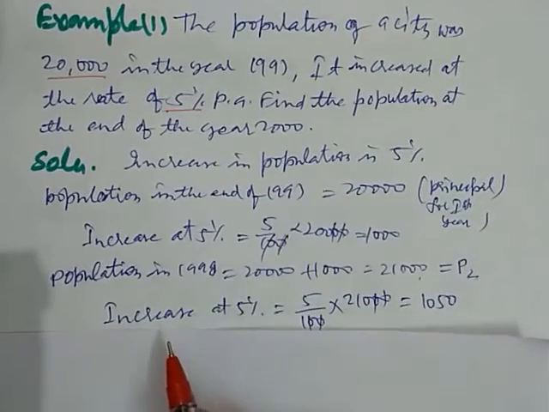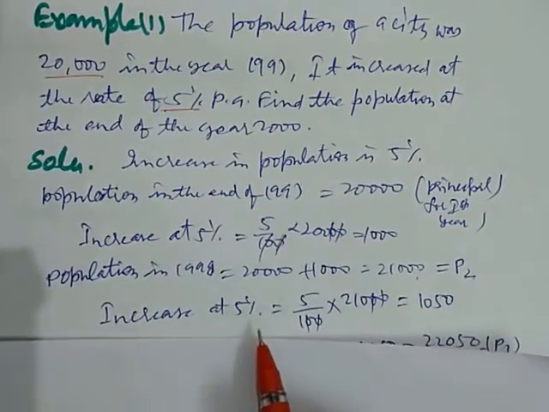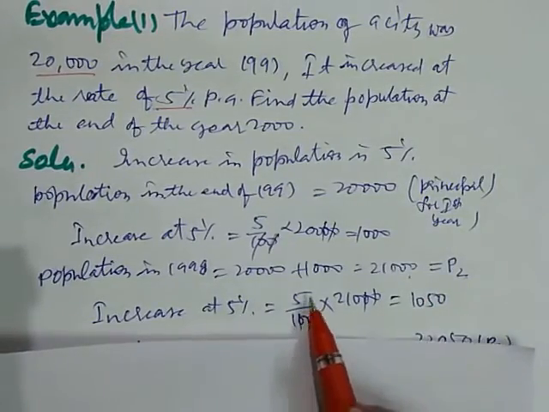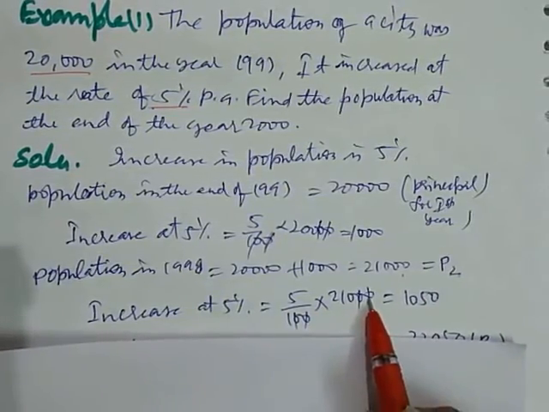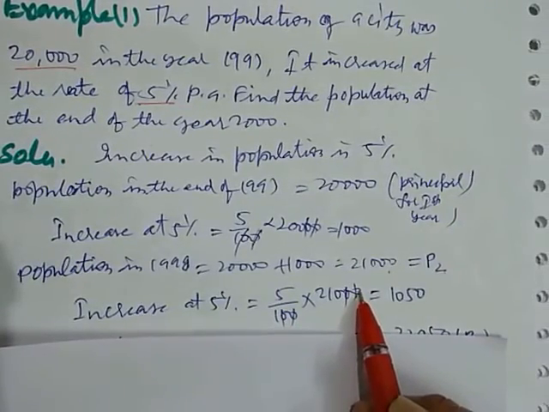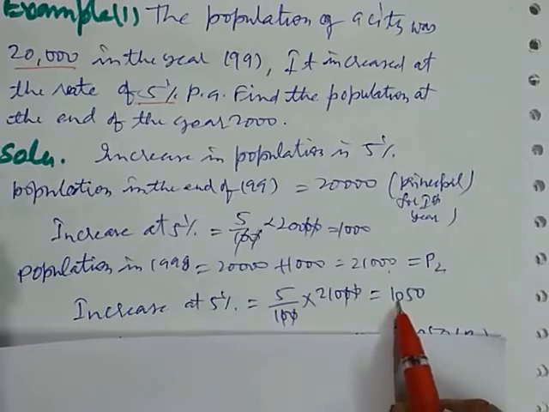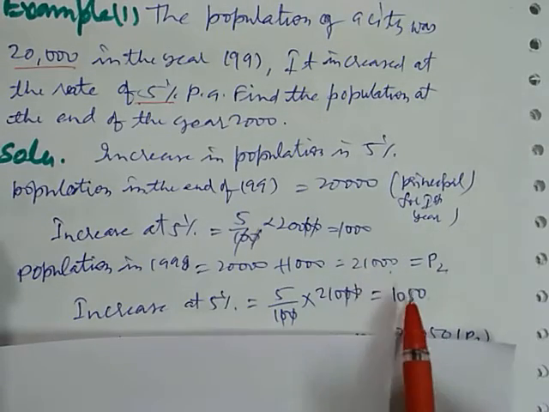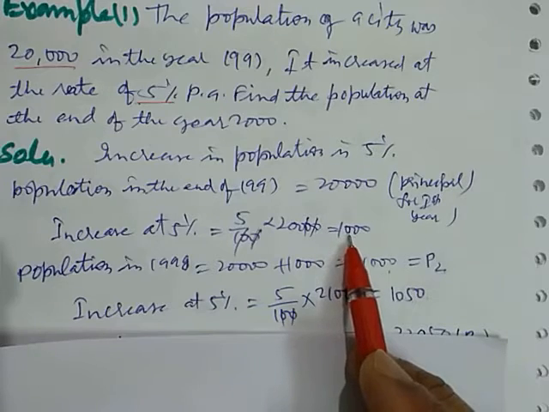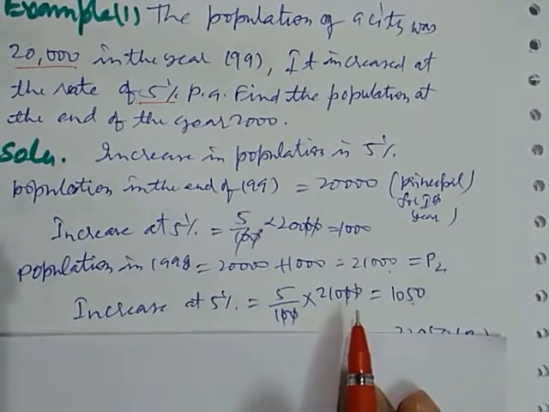And now we calculate the increase at 5% with the help of this. So 5 by 100 into 21,000 this time. These two zeros cancel. Now we get 1050. So this time the increase at 5% is more than the previous one.